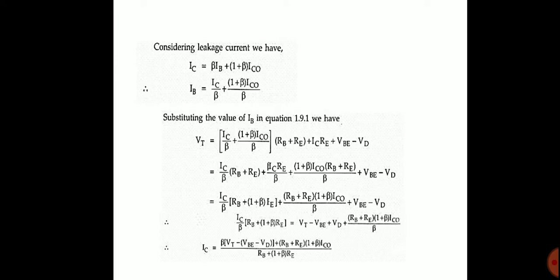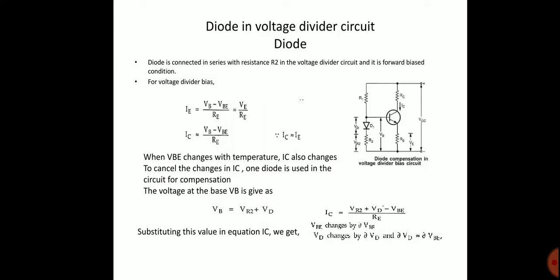Now the diode in the voltage divider circuit. The diode is connected in series with resistance R2 in the voltage divider circuit in forward bias condition. In the voltage divider bias, IE is equal to (VB minus VBE) divided by the emitter resistance, which is equivalent to VE divided by RE. Similarly, IC is approximately equal to IE.